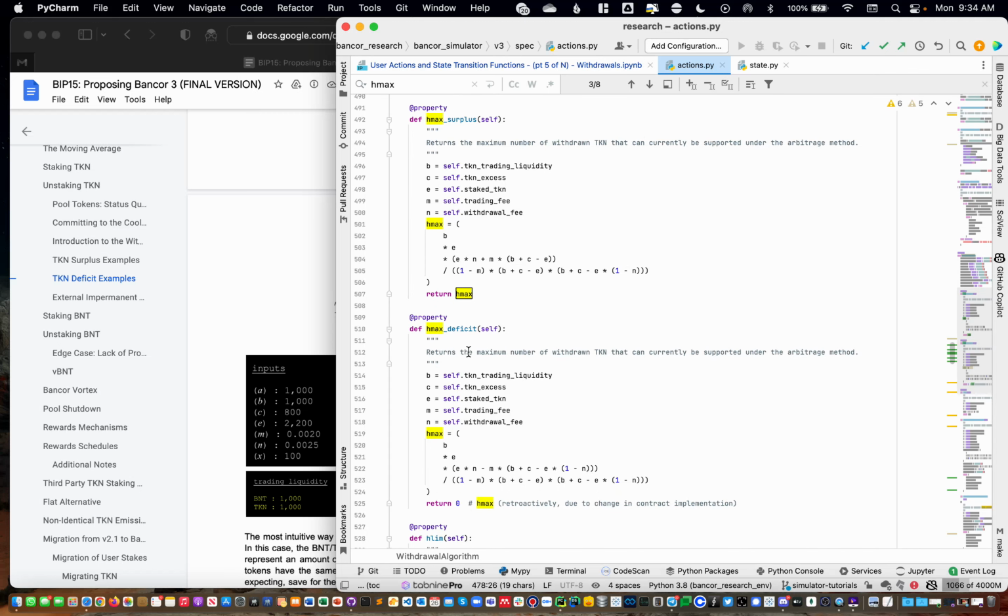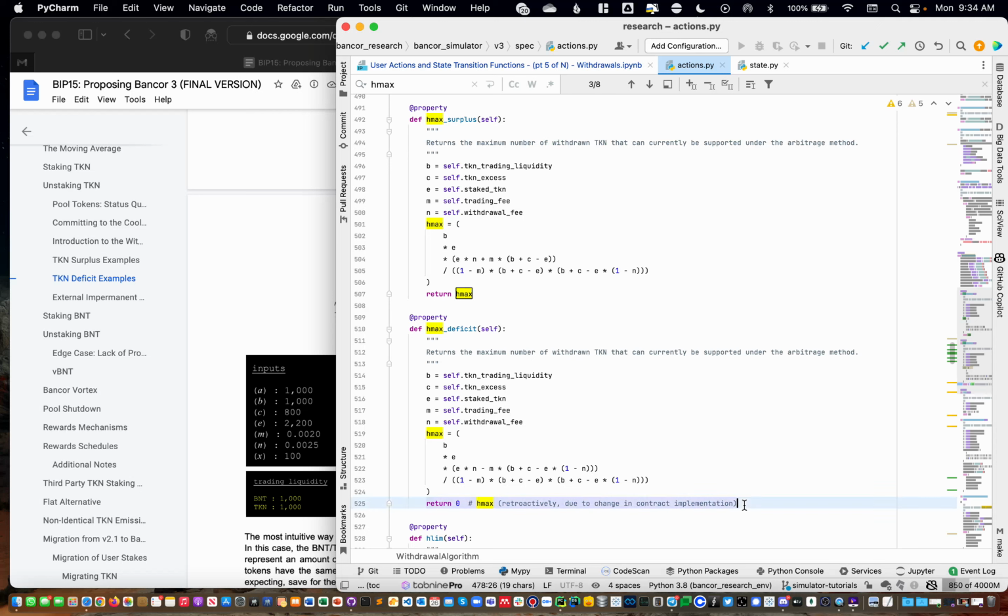First of all, let me call attention to one thing I've noticed: we have HMAX surplus and HMAX deficit, which were the original behavior of the system as outlined, I believe, still in the BIP15 documentation.